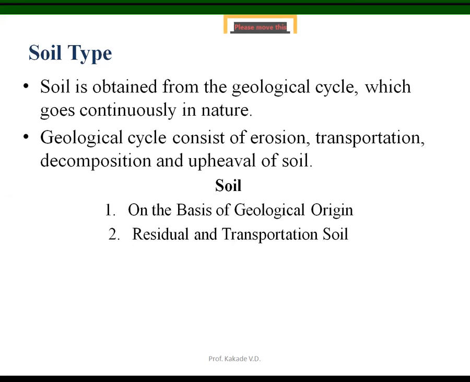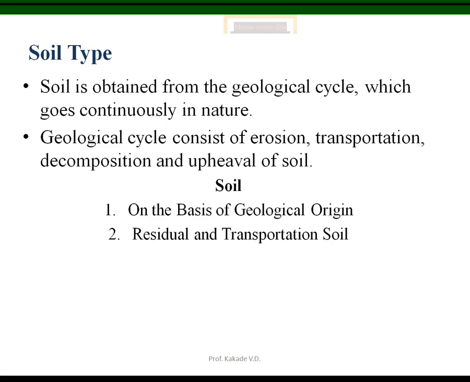This whole earth is producing new things by itself and recycling them. Water is the product of that cycle, and soil is the product of this cycle. So soil is obtained from the geological cycle.